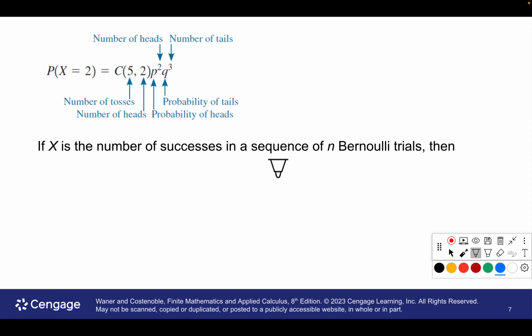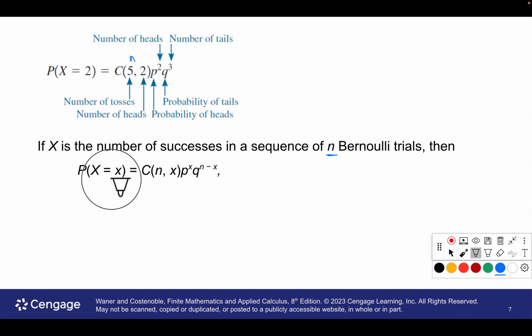So X is the number of successes in a sequence of Bernoulli trials. So this 5 would also be N, right? That's what we're going to generalize it to. And then here we go. N choose X, we want this many.